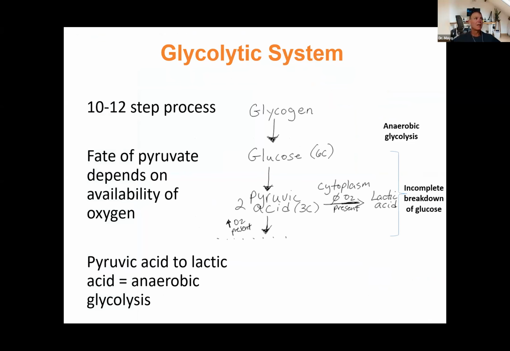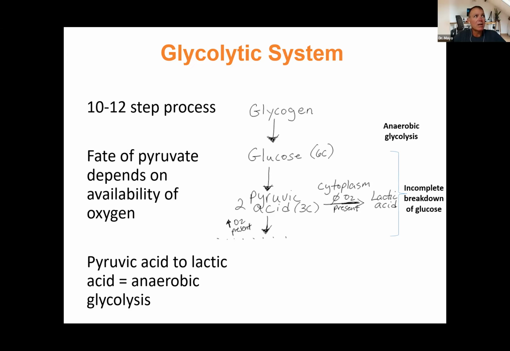Good. Okay. So as I mentioned, the glycolytic system is very technical. We're not getting technical. You will not have to memorize all these different steps. But I do want you to understand the end product. You've got all these 12 steps, and the fate of pyruvate really depends on the availability of oxygen.